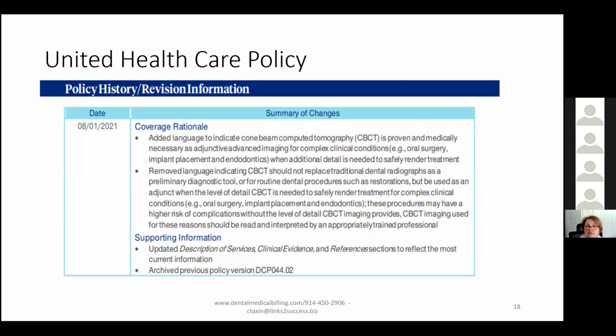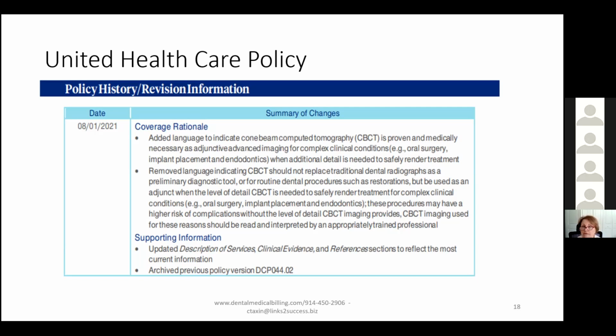to safely render treatment. Removal of language indicating CBCT scan should not replace traditional dental radiographs as a preliminary diagnostic tool or for routine dental procedures such as restoration, but be used as an adjunct when the level of detail is needed to render any complex clinical condition.